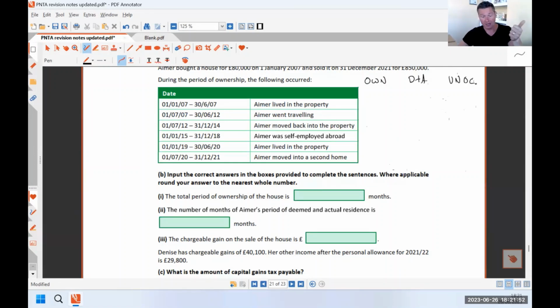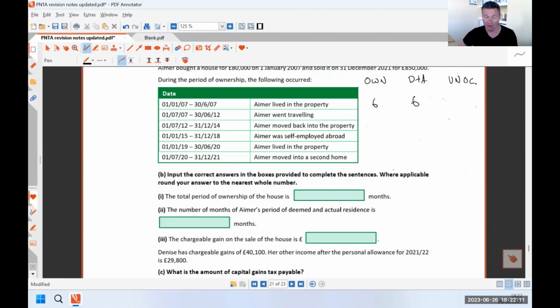So we're going to have all of January, February, March, April, May, June. Count your fingers. You might think you look daft, but it doesn't matter. You don't lose marks, and no one cares. So we've got 6 months. He actually lived in the property and obviously owned it.